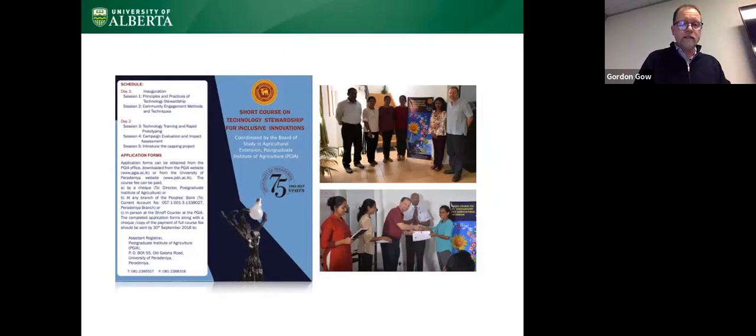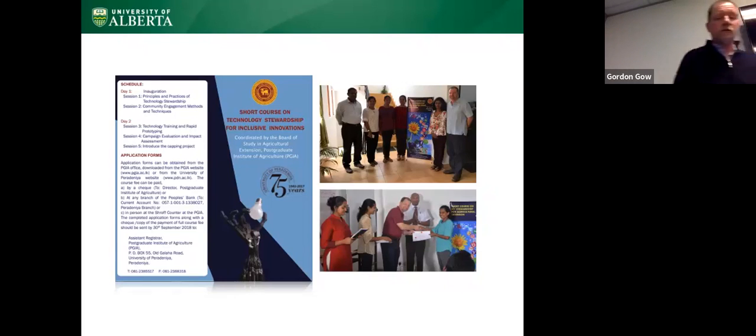We're using the communities of practice literature. As far as I can tell, it's really a new spin on the COP, on the technology stewardship concept from that literature. I haven't seen it done anywhere else quite this way. And we're integrating the capabilities approach as our normative framework for development, right? So that's another important piece to keep in mind.